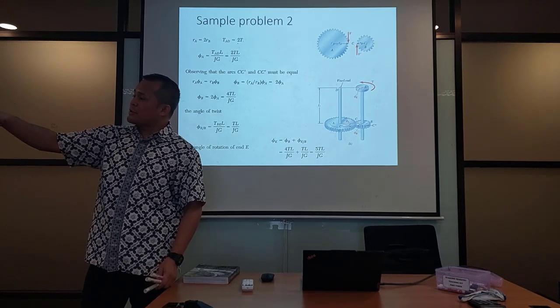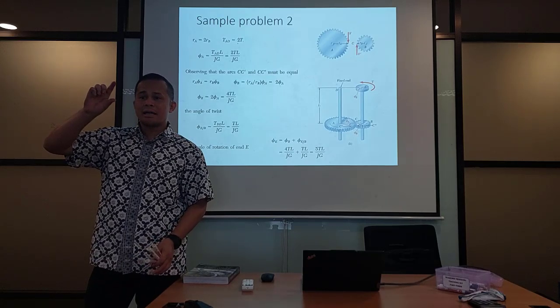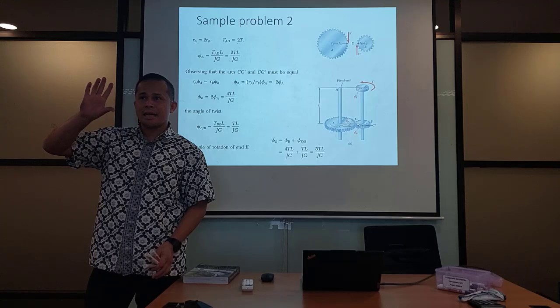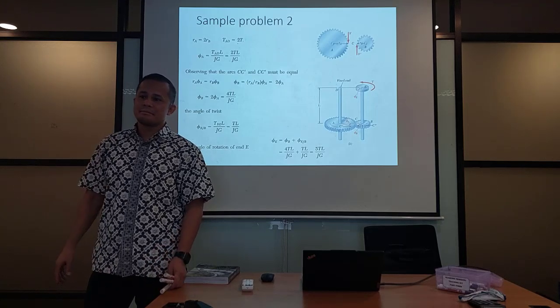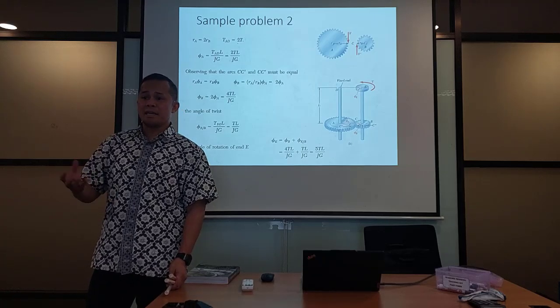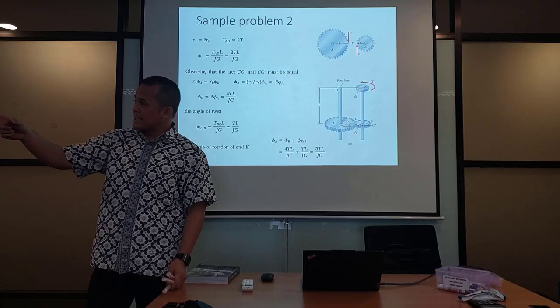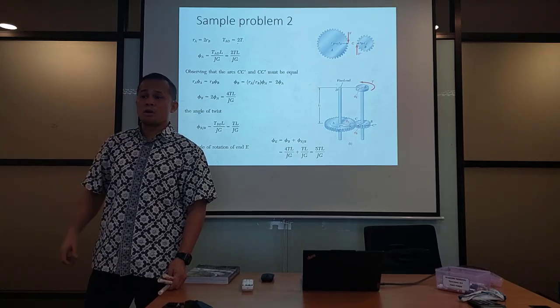If you rotate gear B by, let's say, 30 degrees, and you know that gear A is bigger than gear B, the twisting angle at gear A will be bigger or smaller?